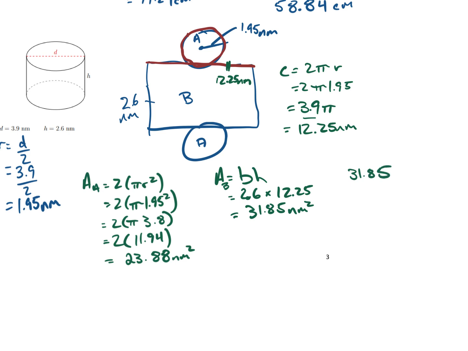So 31.85 plus 23.88. So 5 and 8 give me 13. Add one up there, 1, 8, 9. 1 plus 8 is 9, plus 8 is 17. 1 and 1 is 2, plus 3 is 5, and 5. So I get 55.73 nanometers squared. And that is my area for that one.